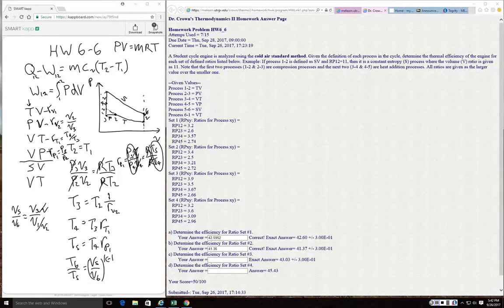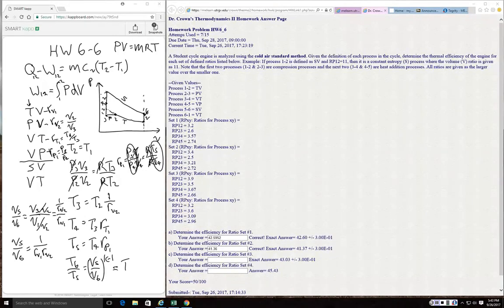And then V1 over V2 in the denominator is RV1, and V3 over V2 is 1 over RV2. So I have that V5 over V6 equals 1 over RV1 RV2.